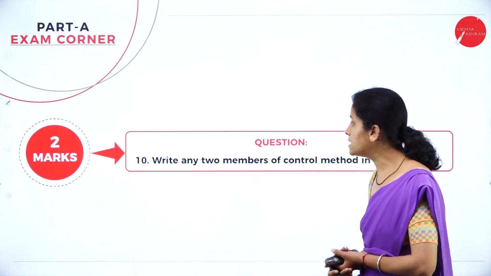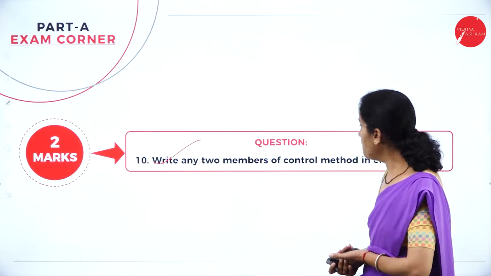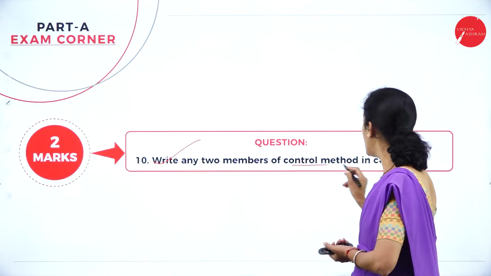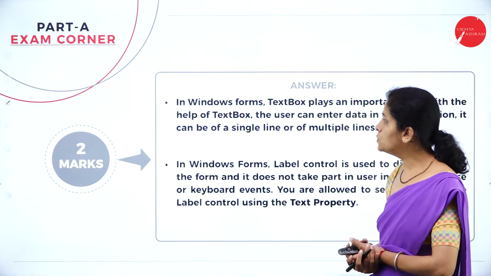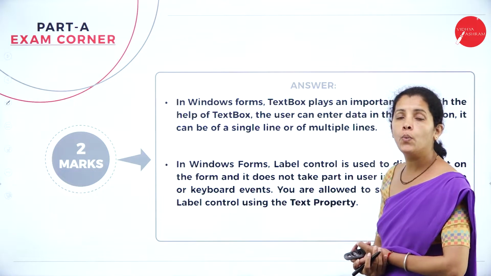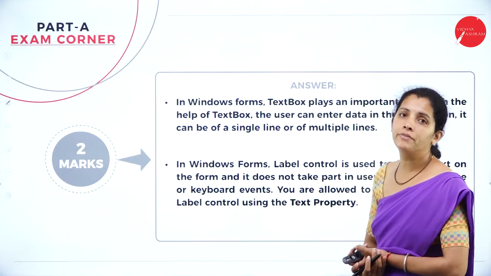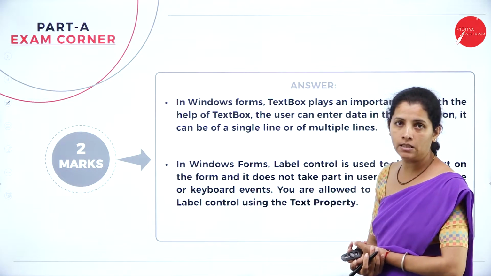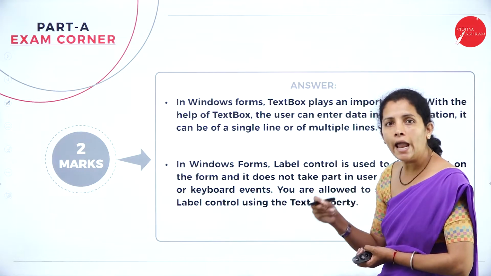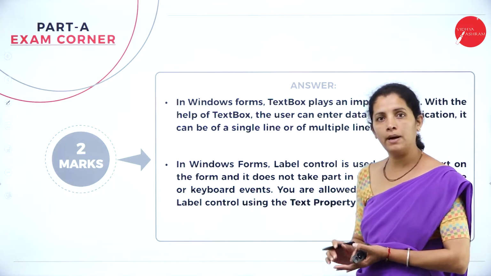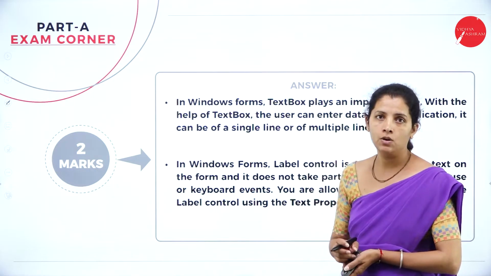Now the next question is: write any two members of control method in C#. So dear student, if I consider Windows Form, we are going to get different kinds of control methods. In that, you can take any controls, that is button control, text control, or label control.